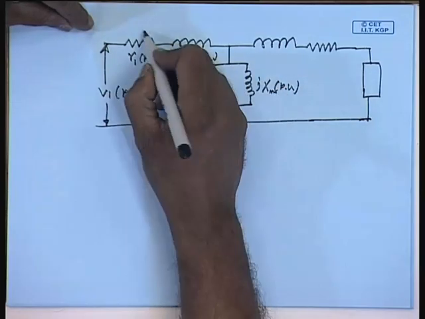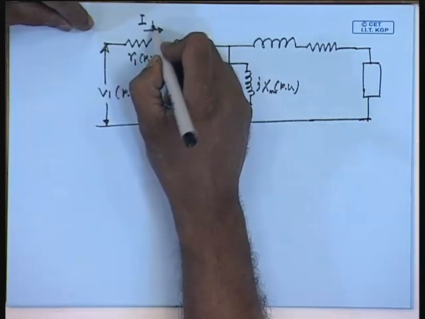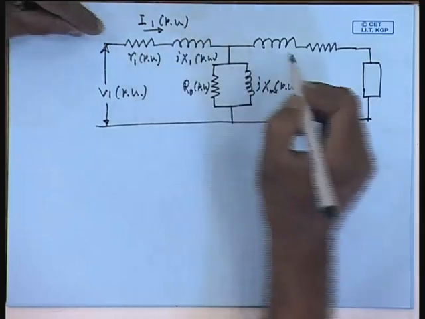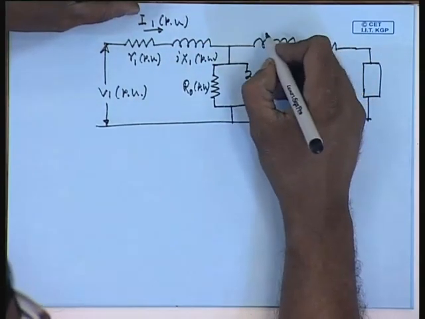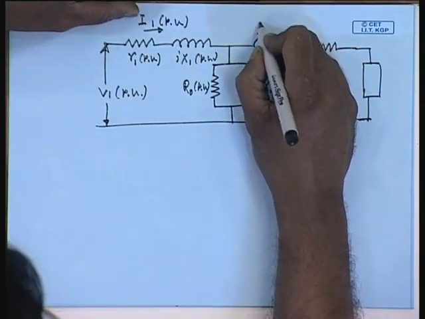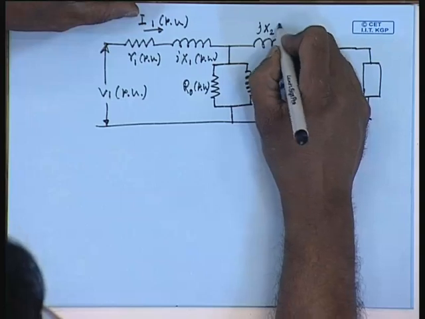And once they are expressed in per units, there is no need to refer these parameters to one side or the other by any turns ratio.